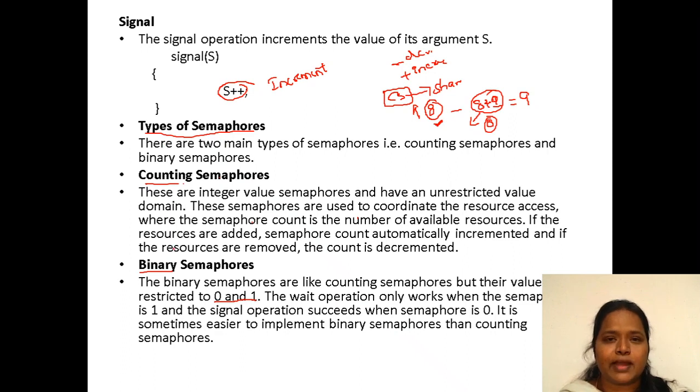When it comes to the binary semaphore, binary, as the name itself indicates, means 2, and it is going to hold only two values, that is 0 and 1. The wait operation works only when the semaphore is 1. Wait, in the sense, we have to decrement.